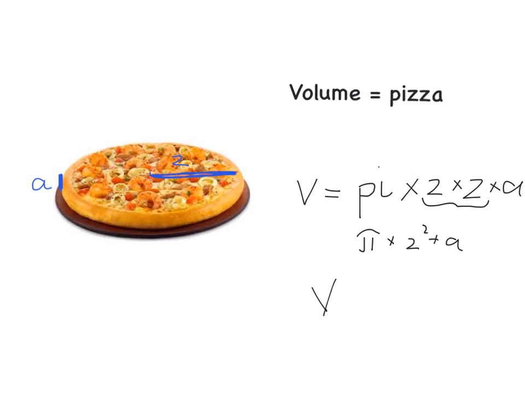And our formula is pi r squared h. So here, instead of the radius r we have z, instead of h we have a, and we have pizza. This is another way to remember the formula.